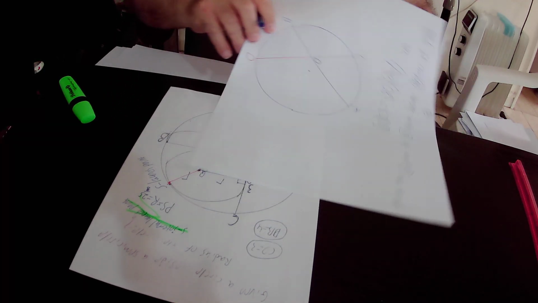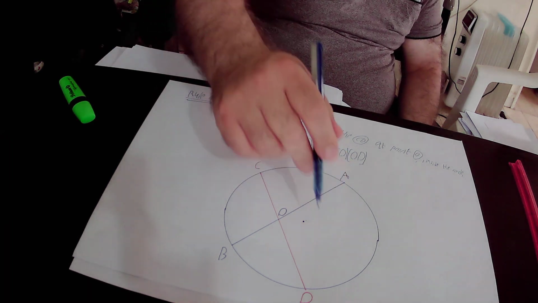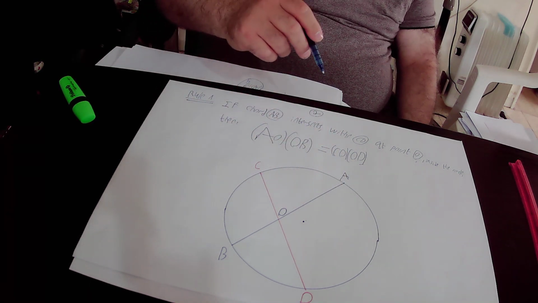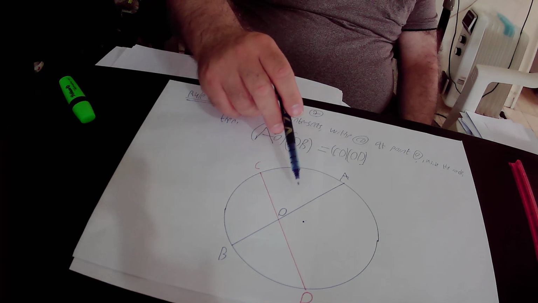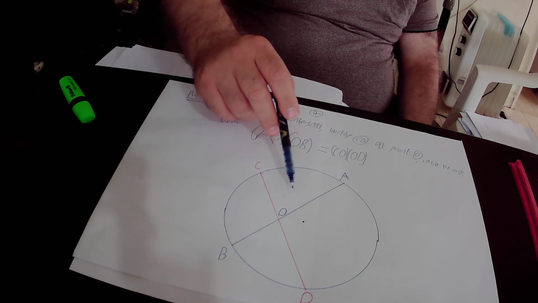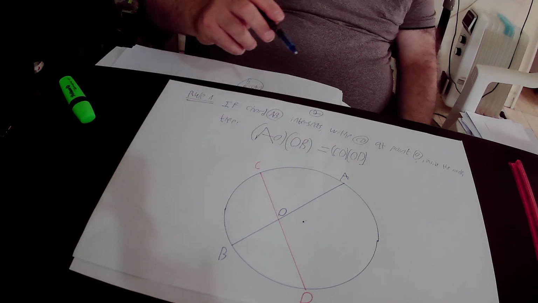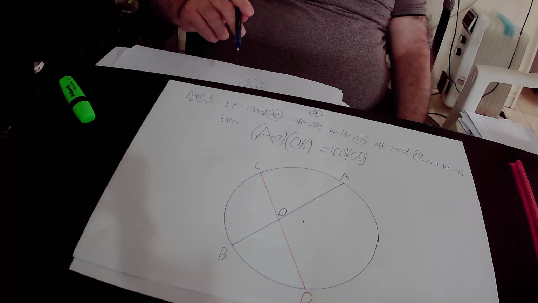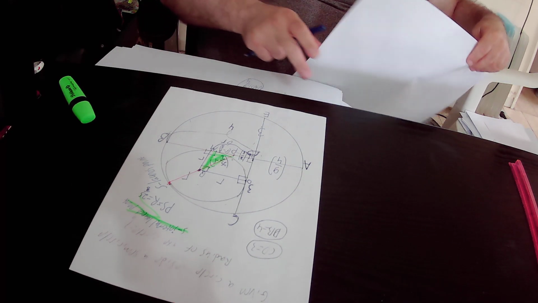So if chord AB intersects with chord CD inside the circle at point O, then according to rule number 1, we get that AO times OB equals CO times OD. So we can implement rule number 1 in our drawing.